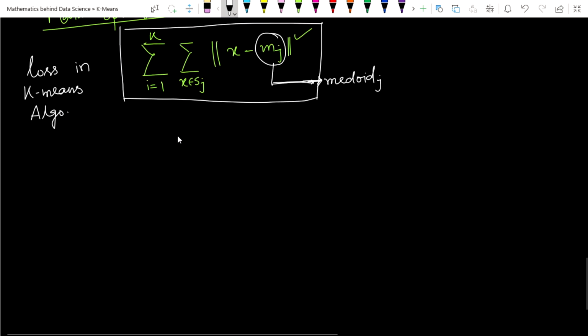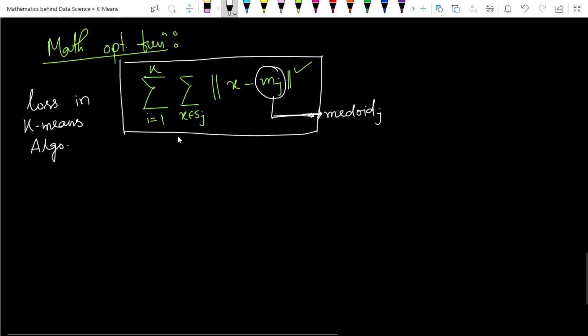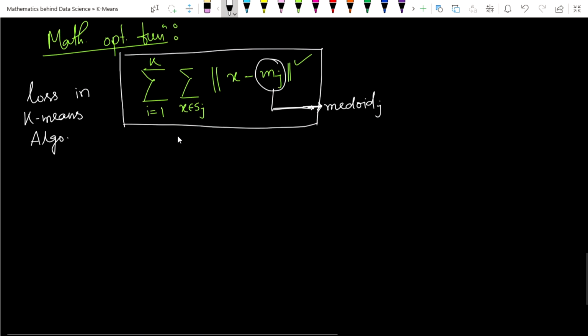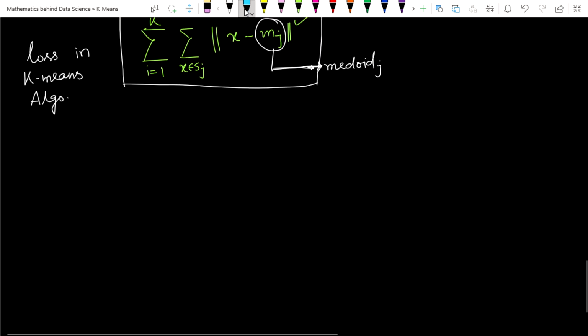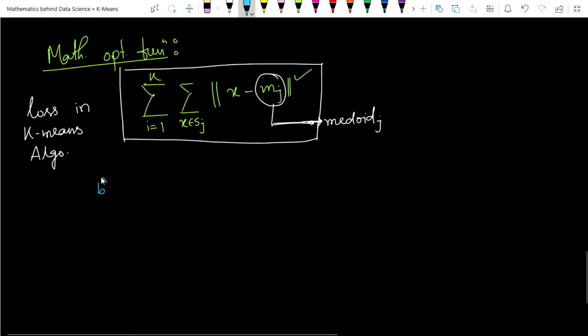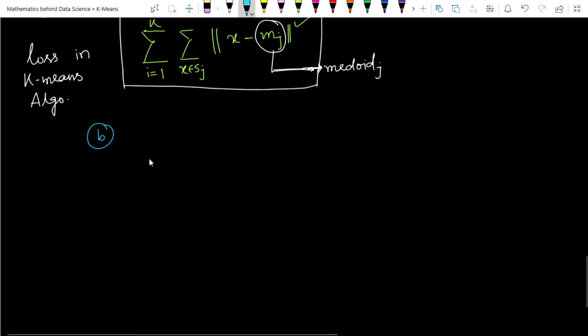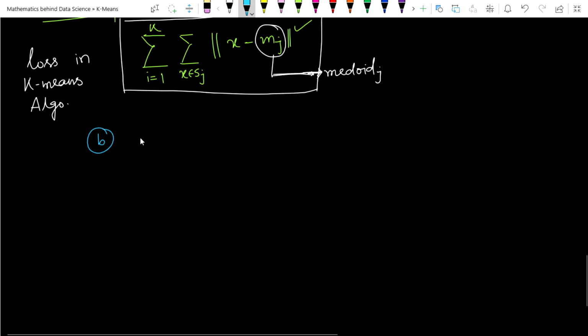Now try to understand, using this formula, this loss function, how we will compute the second step. In the second step, after swapping this, we have to compute if the loss decreases.